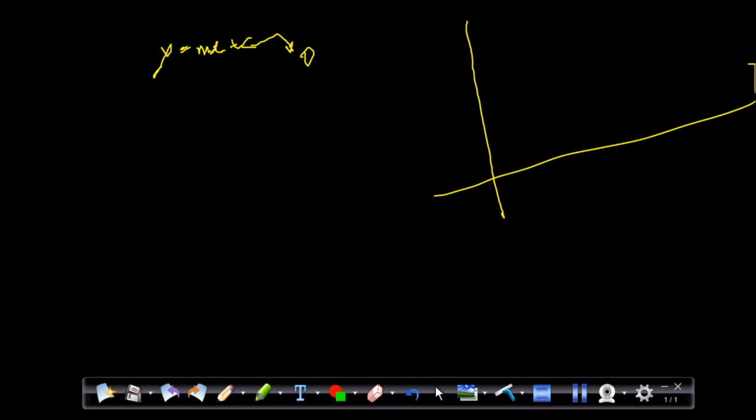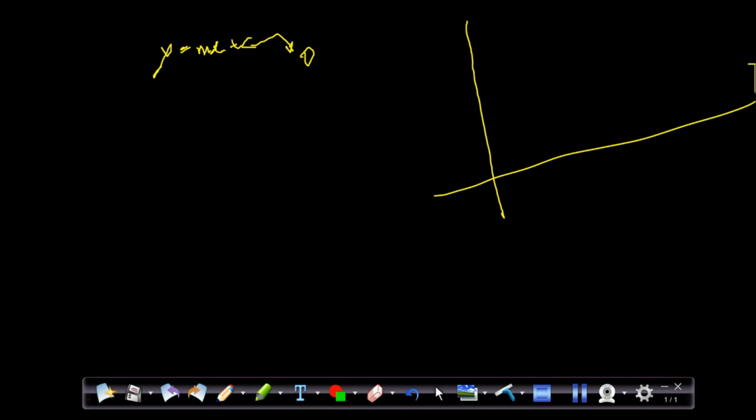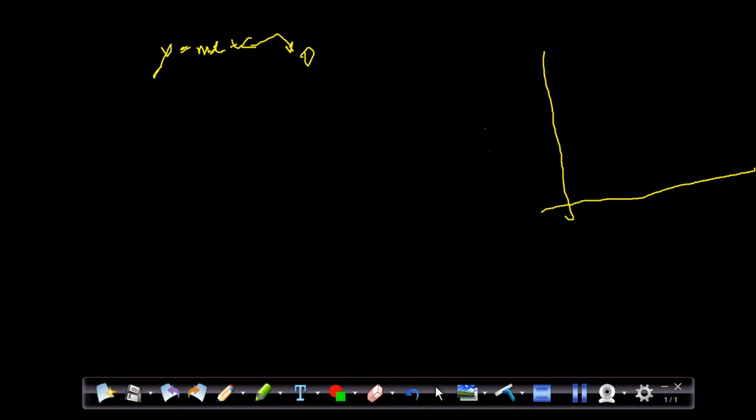Now let me consider this equation: y = mx + c. Let's suppose that our constant c is 0. Let me draw the graph here, with 1, 2, 3, 4, 5 on the axes.